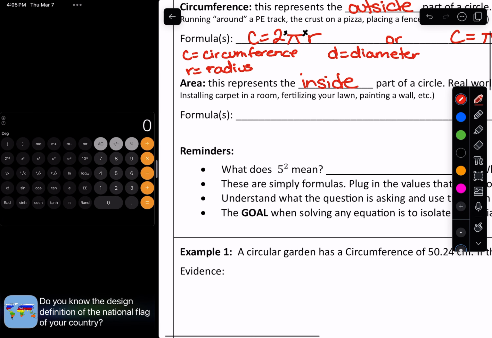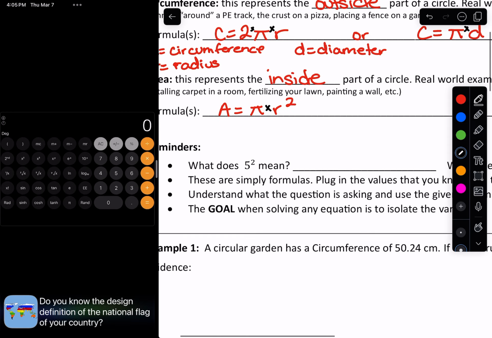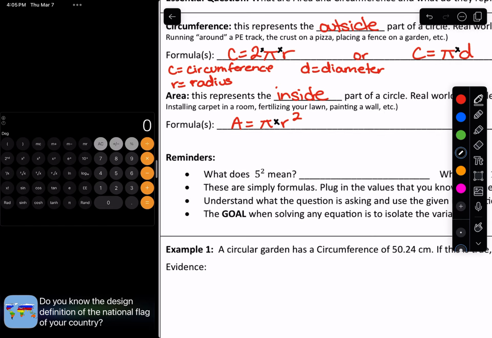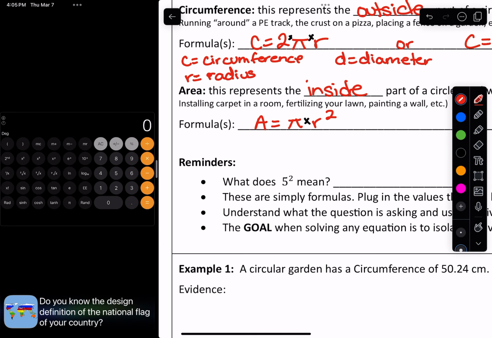Those would be some examples. There's only one formula for this, and that is A equals pi times r squared. Okay, so remember that's times. And to label these, we have A is area and r stands for radius.